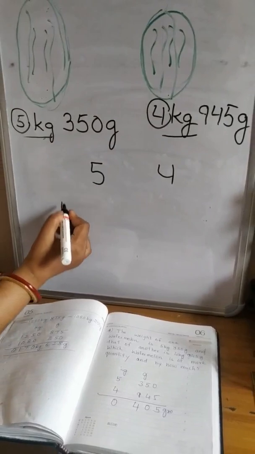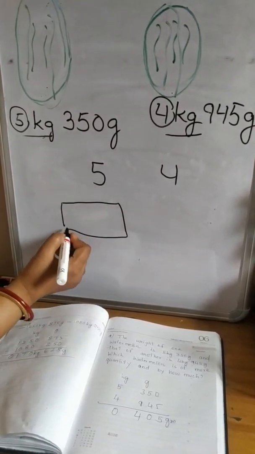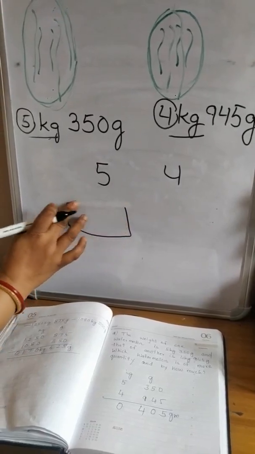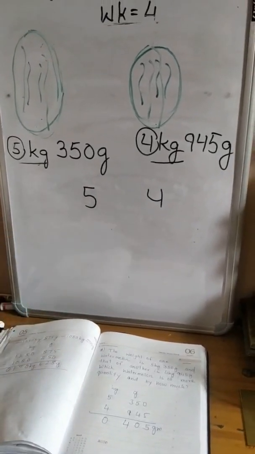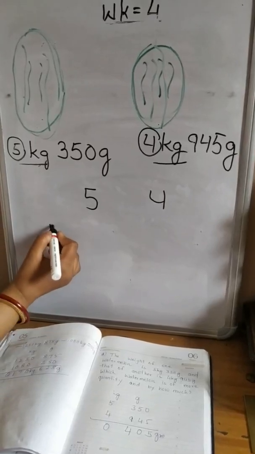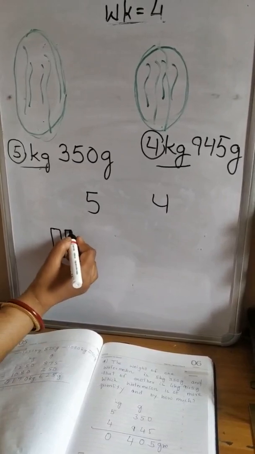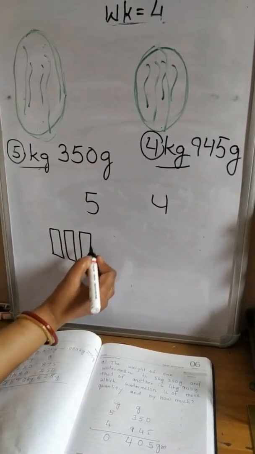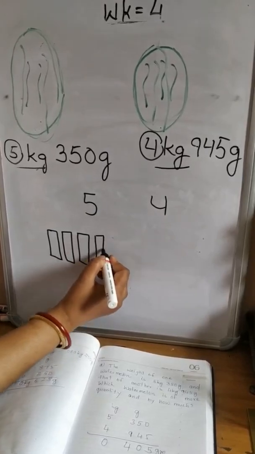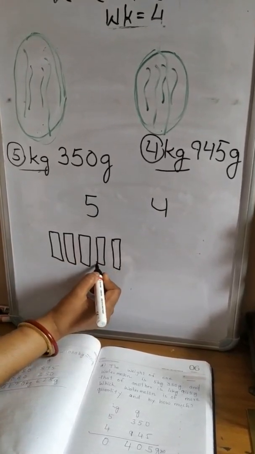So let us take a chocolate. For example, I have some chocolates. I am giving 5 chocolate bars to this watermelon. 5 chocolates. Okay.